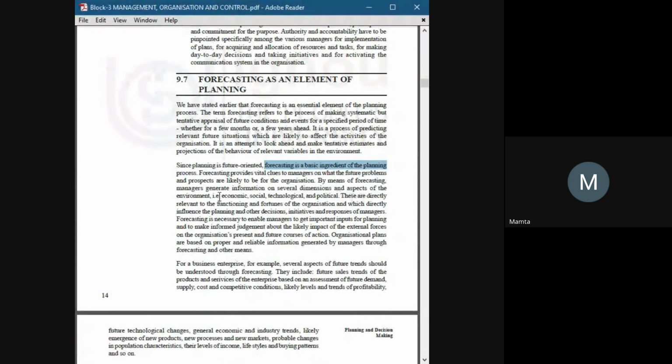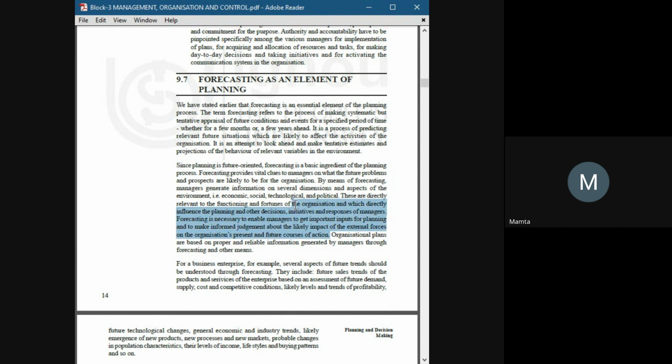These are directly relevant to the functioning and fortunes of the organization, and directly influence the planning and the other decisions, initiatives, and responses of managers. Forecasting is necessary to enable managers to get important inputs for planning and make informed judgments about the likely impact of external forces on the organization's present and future courses of action.